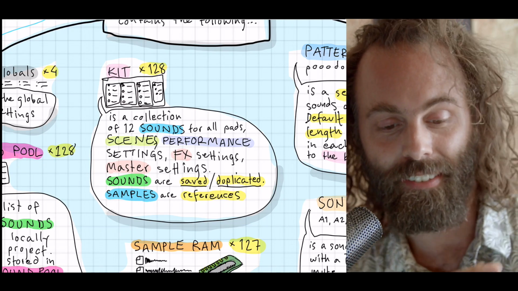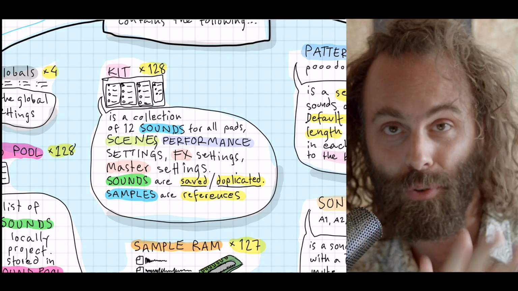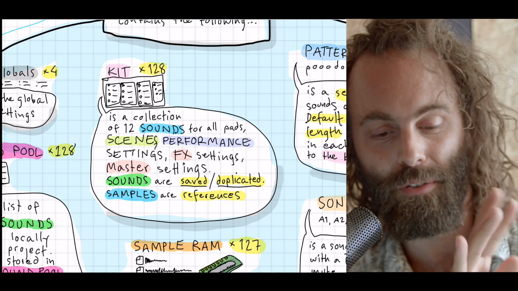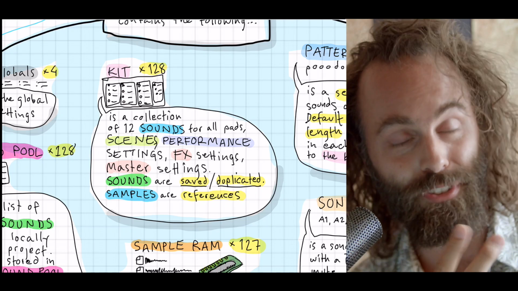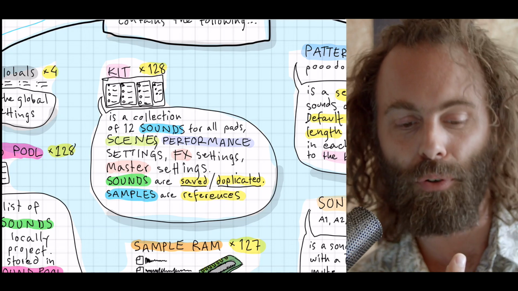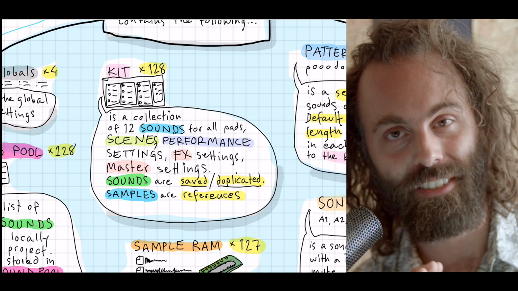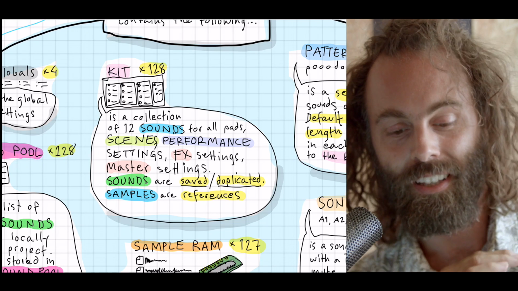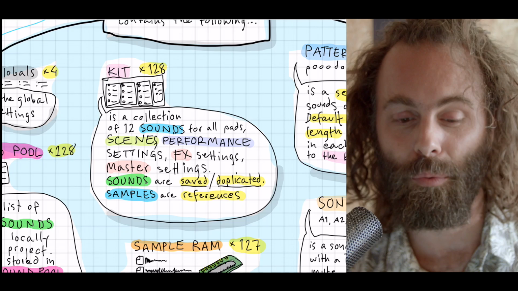Now, a kit is a collection of sound patches for all the 12 pads. So 12 sounds. And it's also saving all the scene settings, the performance settings, the effects settings, and the master settings. Sounds are saved in the kit, so they will never go away.